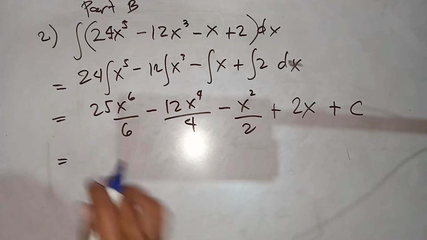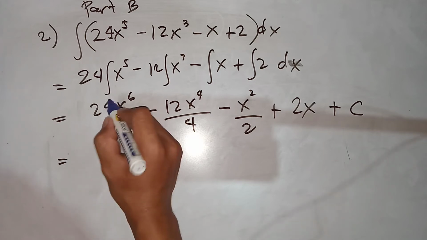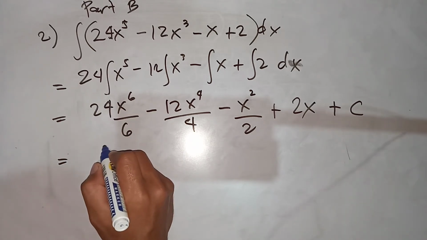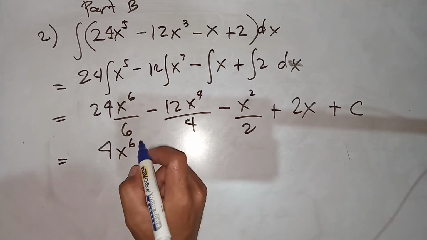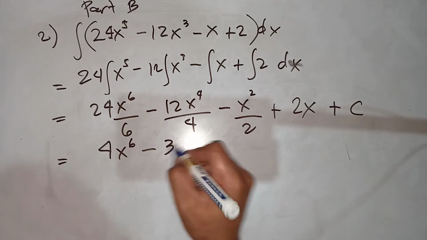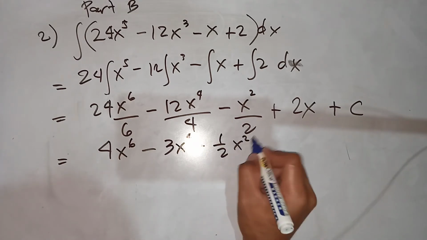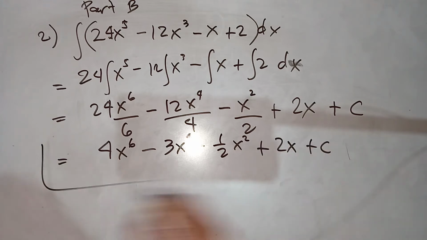And this becomes, wait, this is not 25, this is 24, my mistake. This is equal to 4x to the 6 minus 3x to the 4th minus 1/2 x squared plus 2x plus c. This is our answer.